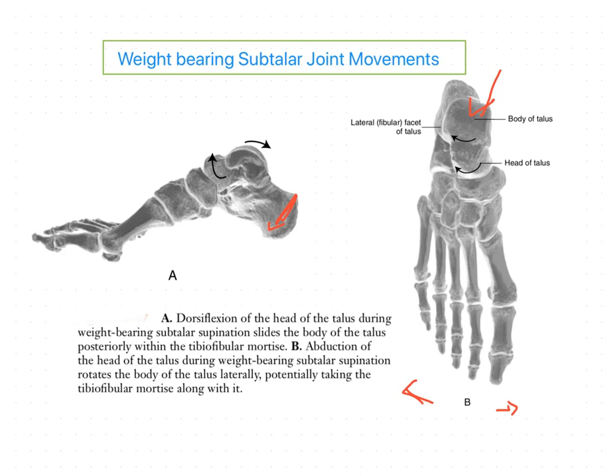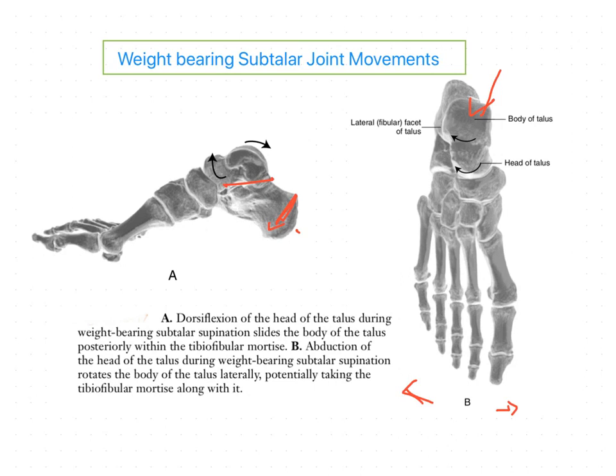But the calcaneus will not dorsiflex and plantar flex or abduct and adduct. The movements in weight bearing are mainly caused by the talus, not by the calcaneum. This is very, very important. You have to keep it in mind.